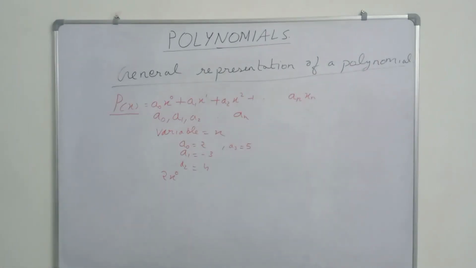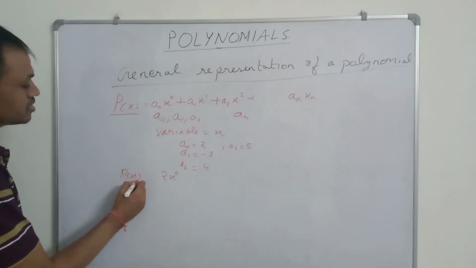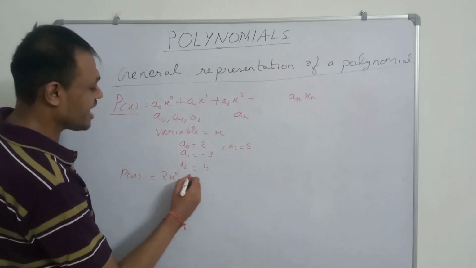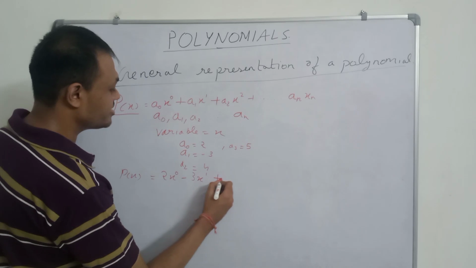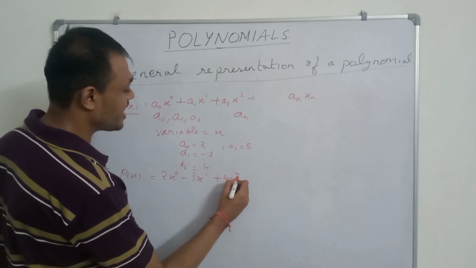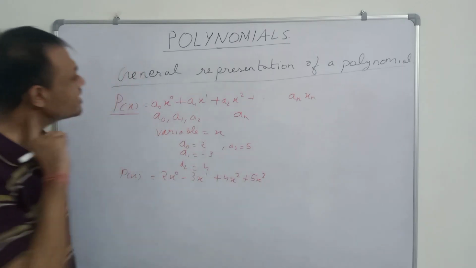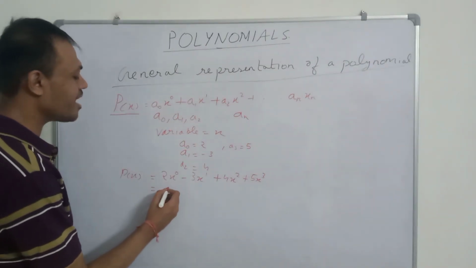So p of x will be equal to 2x to the power of 0 minus 3x to the power of 1 plus 4x square plus 5x cube, and all others are 0. x to the power 0 is 1.